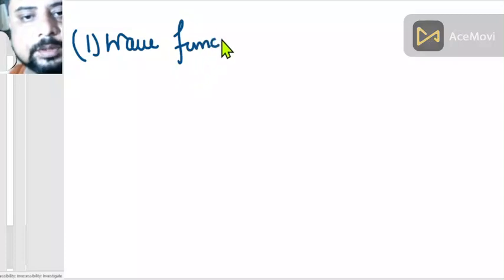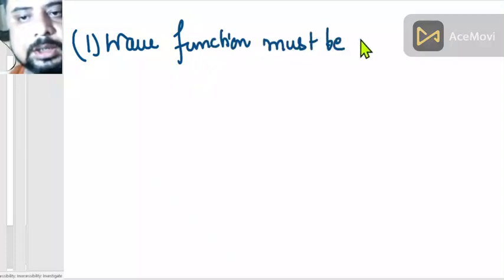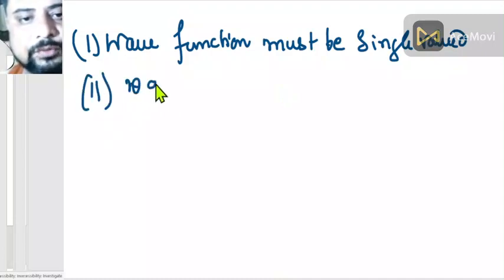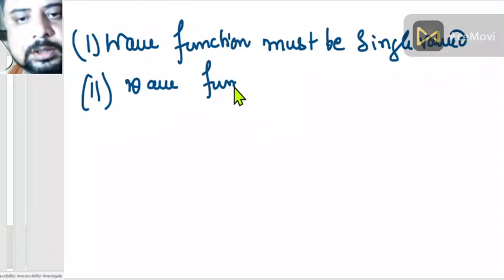Wave function well behaved means wave function must be single valued. Means it should have a single unique value at a point.